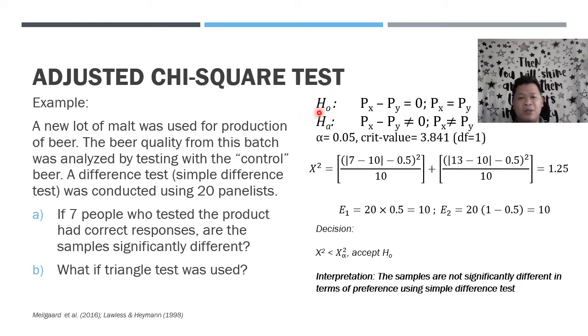Kasi kung titingnan mo, yung alternative hypothesis mo, pag not equal sign yan, di ba, two directions yan. It could either mean on one extreme, lahat ng panelists nakuha yung tamang sagot, which means na differentiate nila yung sample. Or it could also mean na lahat sila nagkamali, which is a result that doesn't make sense.